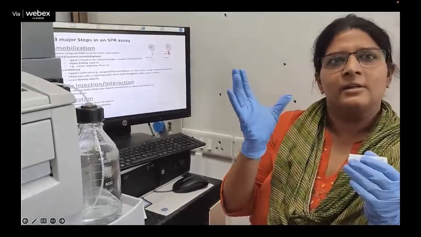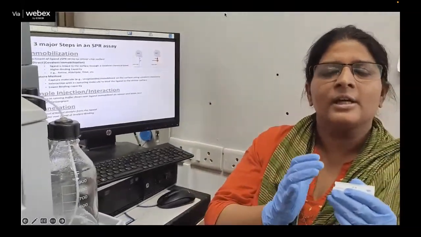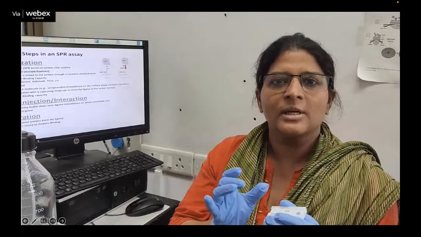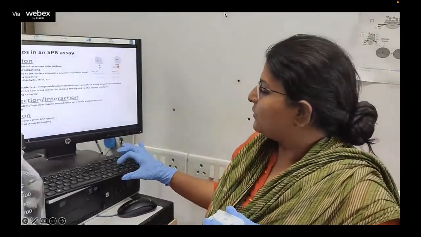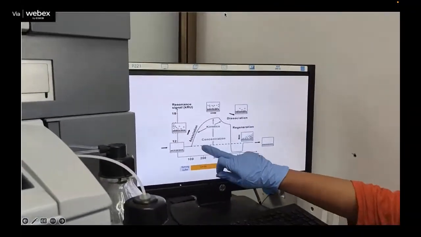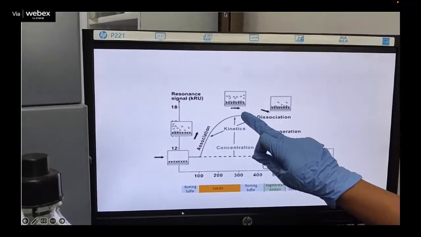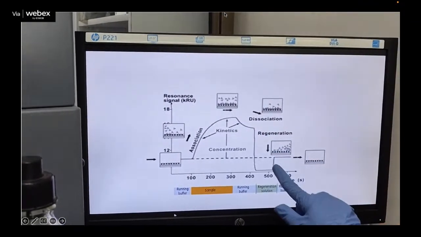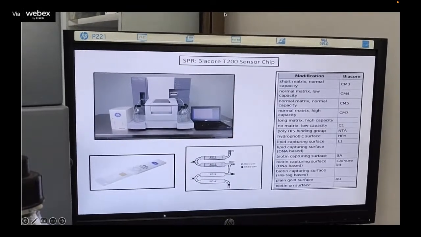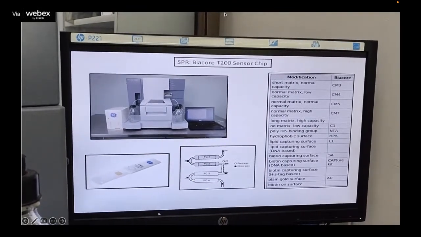After passing your analyte, if your analyte is not getting completely dissociated, you will need to regenerate. For that, you have to use different regeneration buffers and you have to optimize that. After regeneration, you will get the sensogram like this. For example, this is the association, this is the dissociation phase, and here you regenerate. Different types of chips are available.